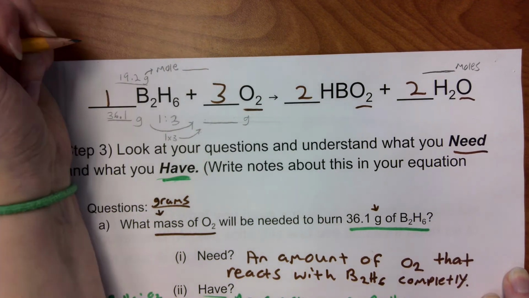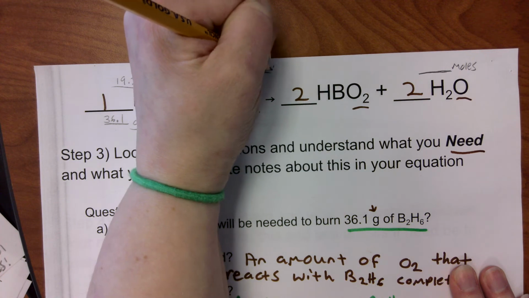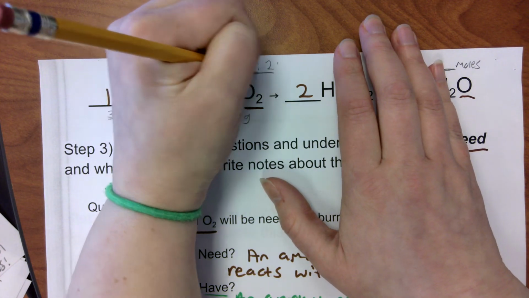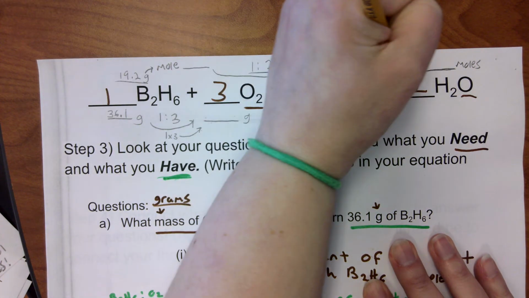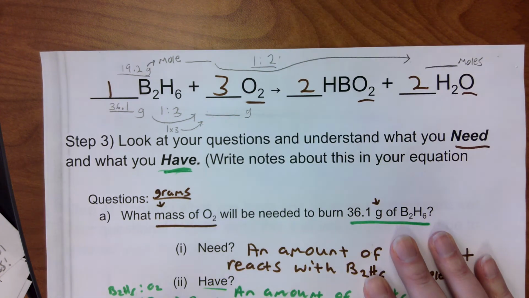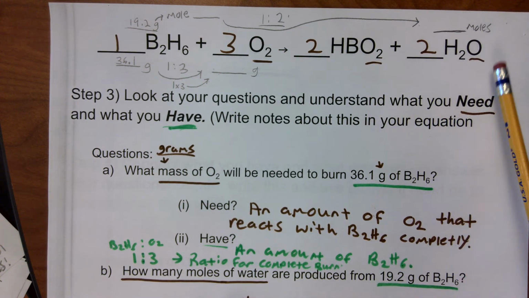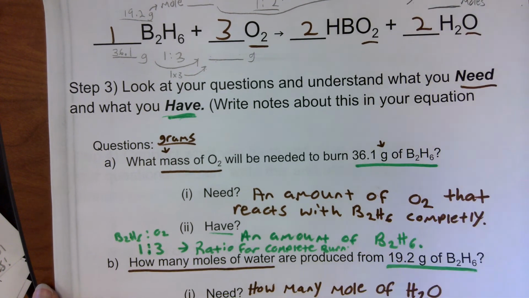And then using our ratio of 1 to 2, we can convert that to moles of water. Okay, this may seem a little complicated right now, but I promise it's all trying to come together here.